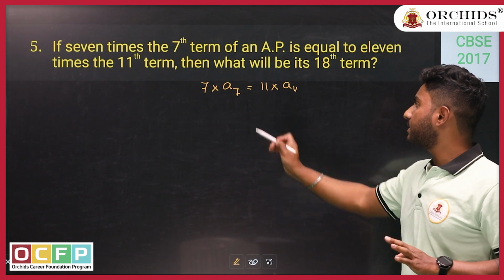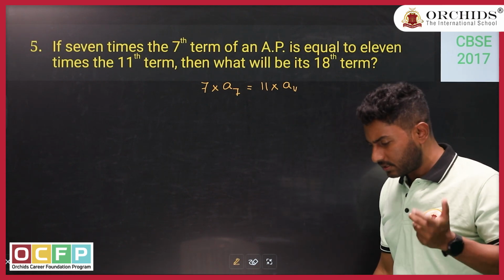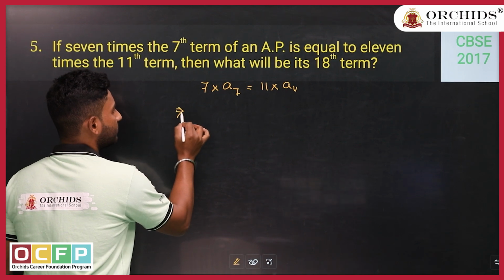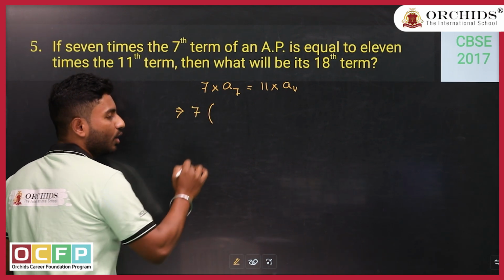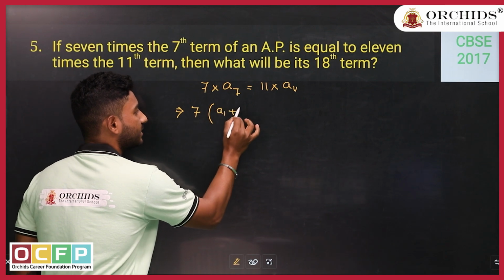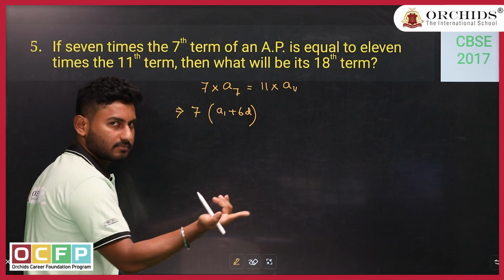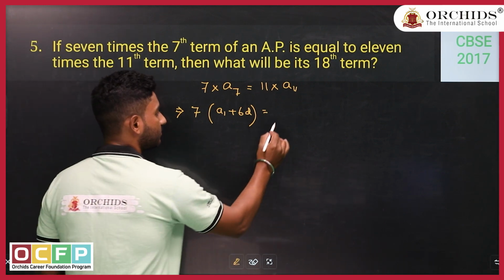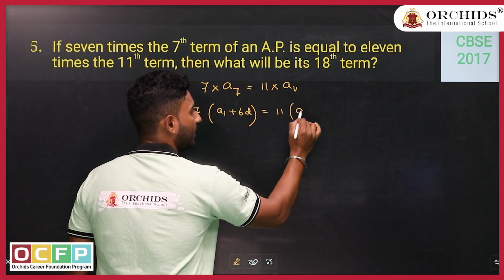Okay. Since this is given, let us modify it. Let us check what we will get from here. Let us solve this equation, because we all know now what is A7. A7 is A1 plus 6D, equal to 11 into what is A11?